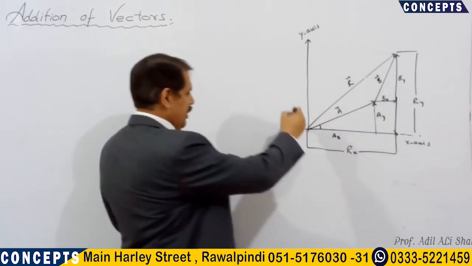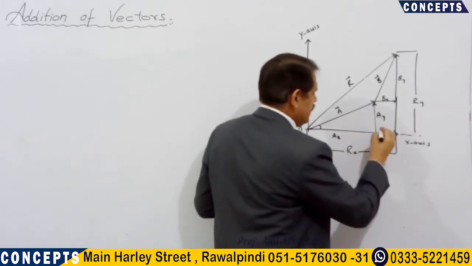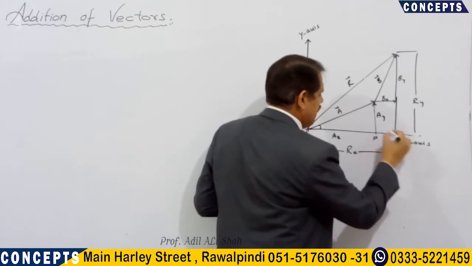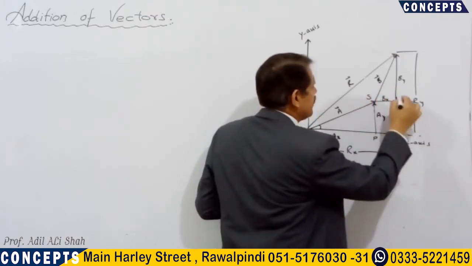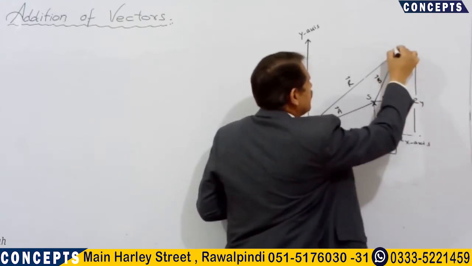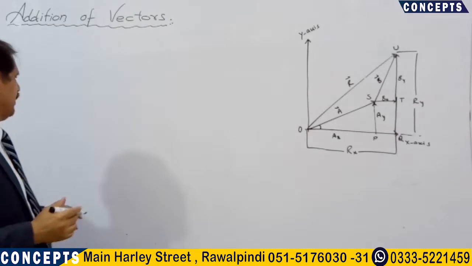Now we label it. If this is point O, this is any point P, this is Q, this is S, this is T, this is U. You can name any alphabet.